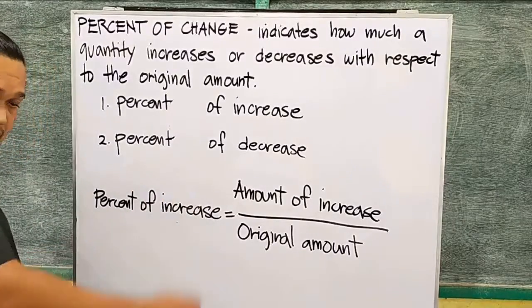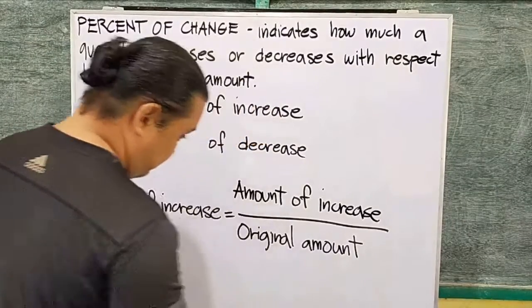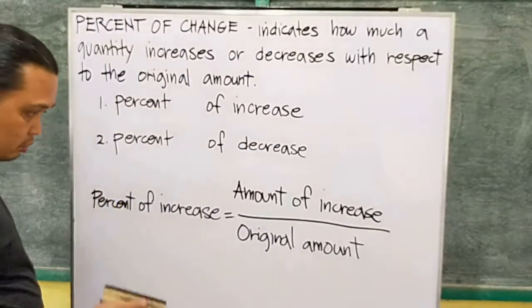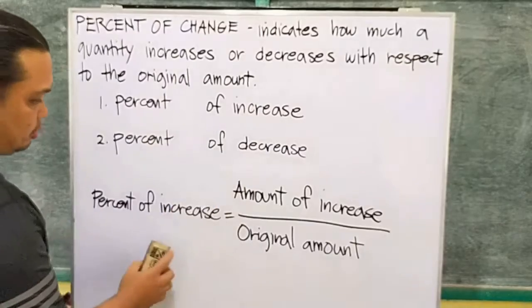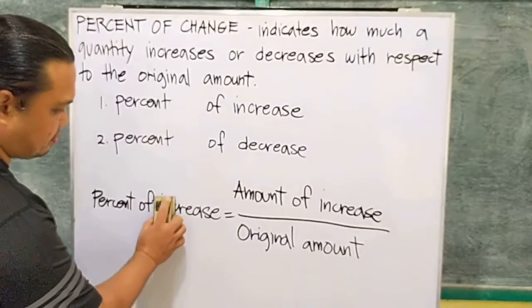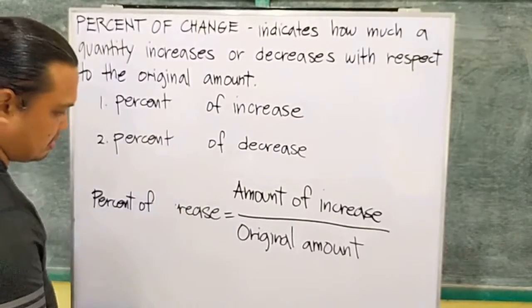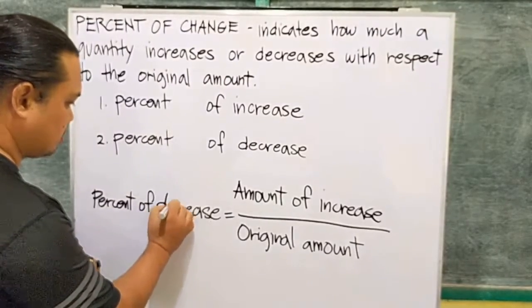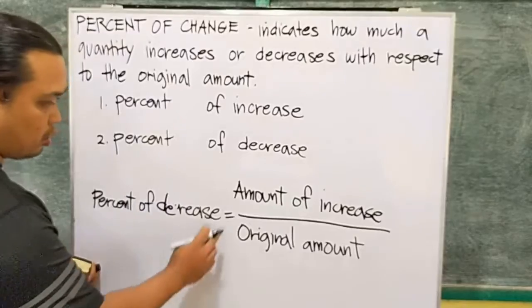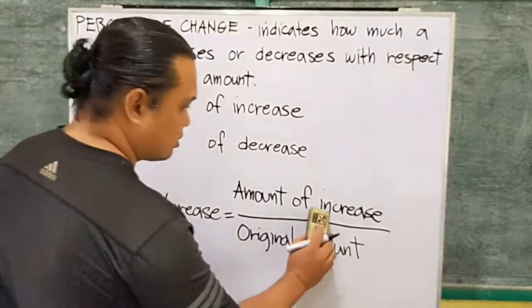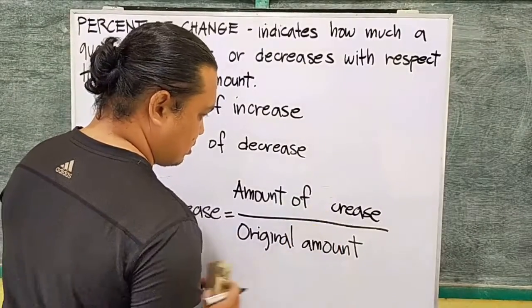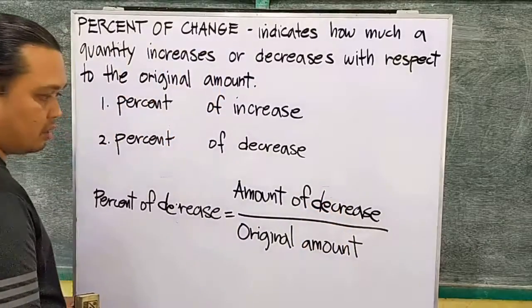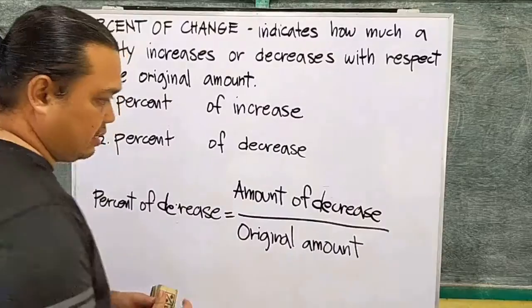And from that, you can derive additional formulas. Percent of decrease is equal to amount of decrease over original amount.